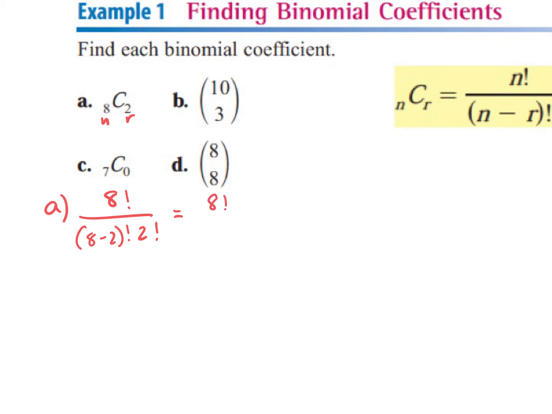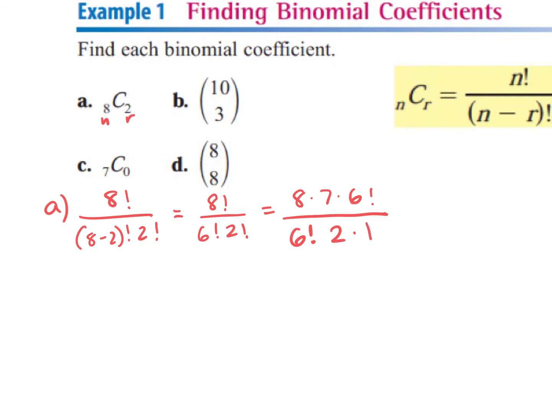So this is 8 factorial over 6 factorial times 2 factorial. And then we can write this out. So 8 factorial is 8 times 7 times 6 factorial. I could keep going, but I see that I have a 6 factorial on the bottom, so I'm going to stop there because I know that those will cancel. And then 2 factorial is 2 times 1.